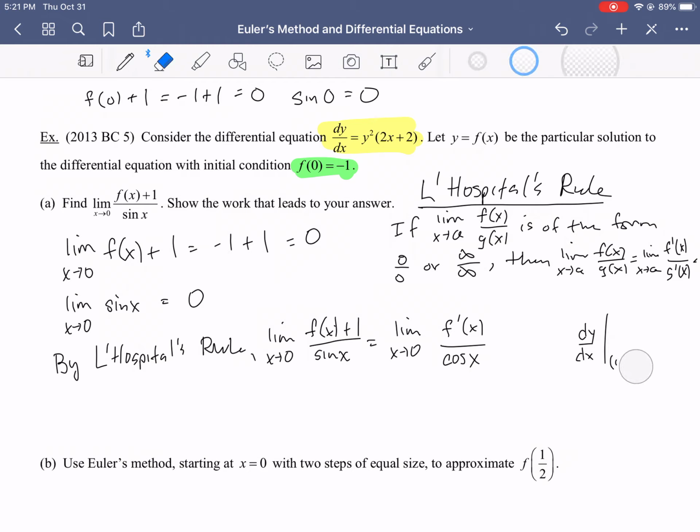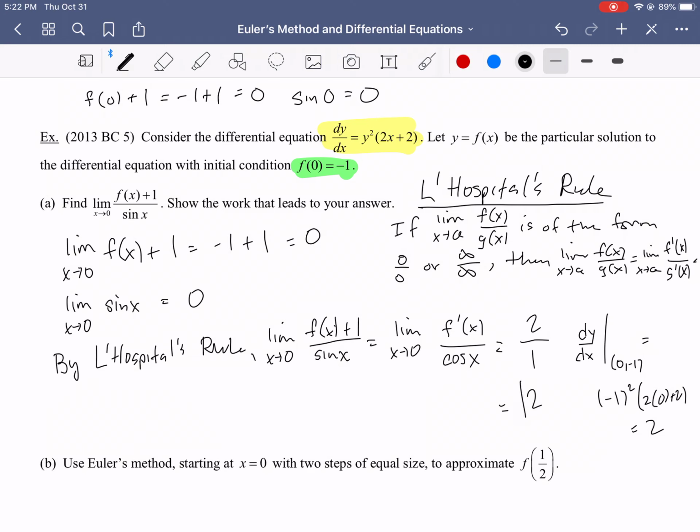So let me erase that and try that again. 0, negative 1 is the initial condition. And so what is that going to give me? It's going to give me negative 1 squared times 2 times 0 plus 2. And so that will equal 2. And so that numerator is going to equal 2. And then cosine of 0 is going to be 1. And so the answer here is going to be 2.